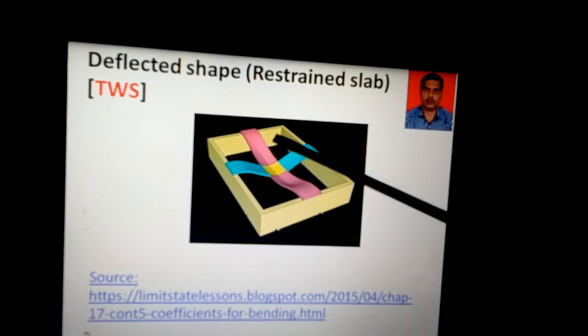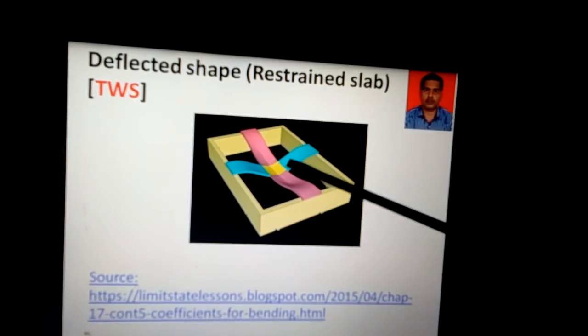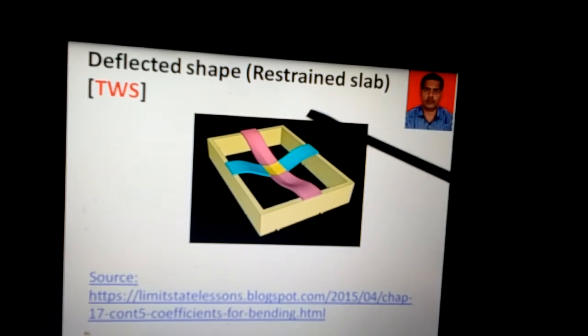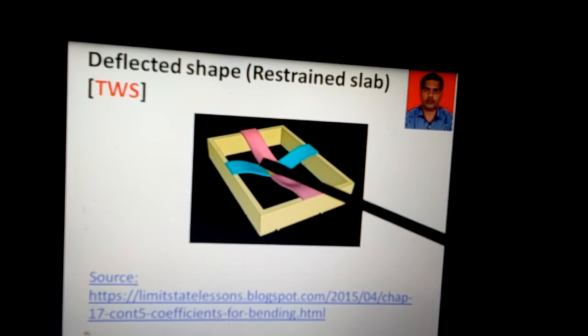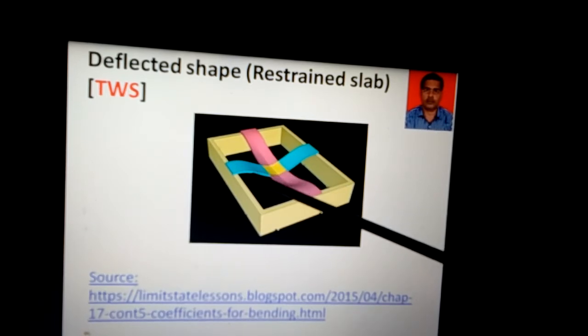So there is a difference of bending nature in edge strip and middle strip. If it is a restrained slab, it means the slab corners cannot lift and the support would have an opposite type of nature than the open span in the middle strip.